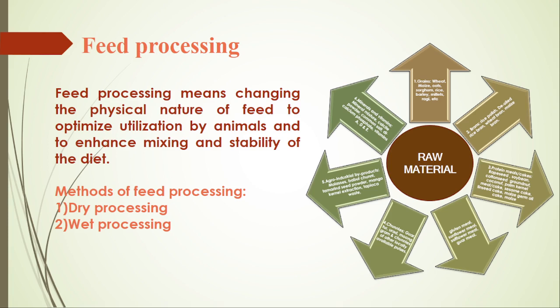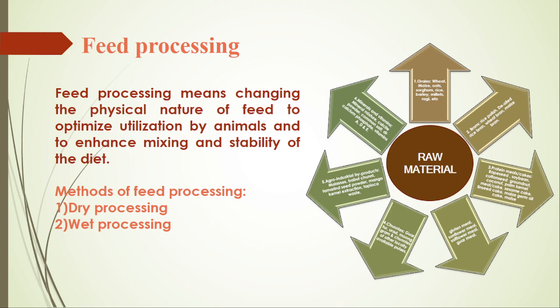Then agro-industrial byproducts are also used for making feed by processing. In agro-industrial byproducts we use molasses, tamarind seed powder, mango kernel extraction and tapioca waste. And raw minerals like the mineral mixture, calcite powder, common salt and calcium phosphate.